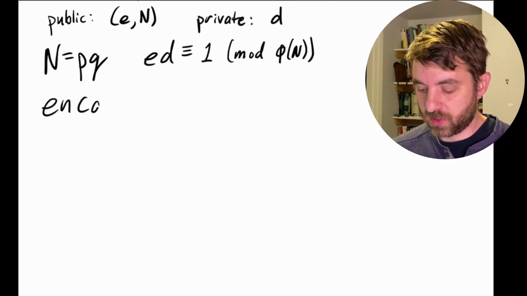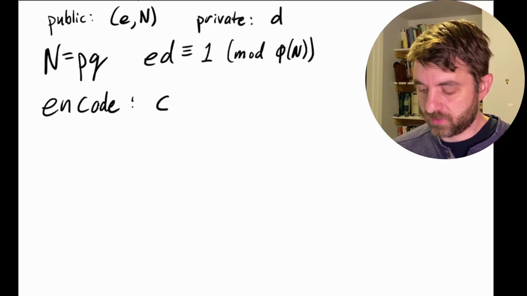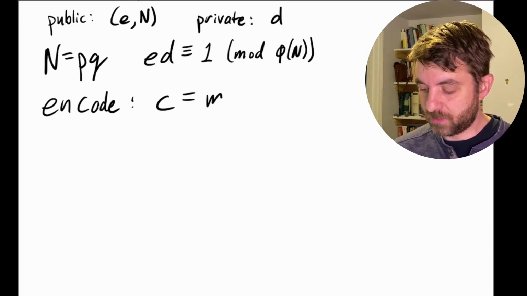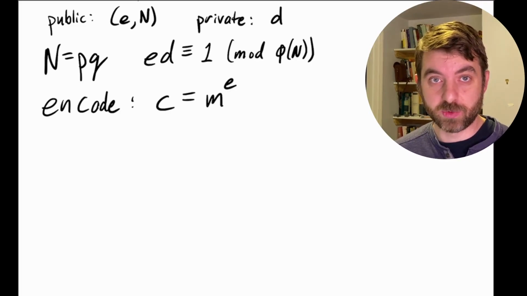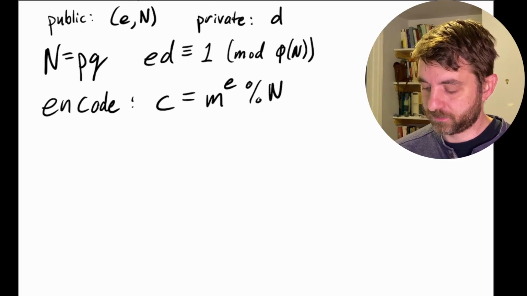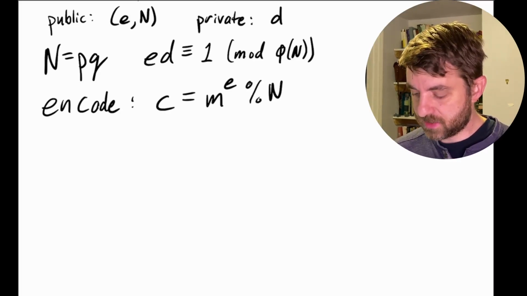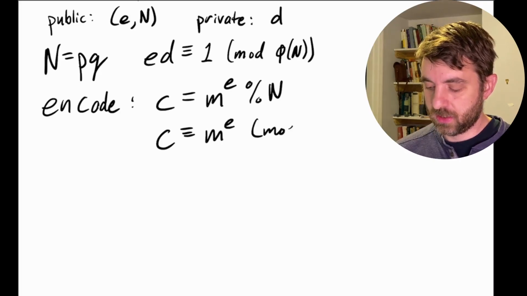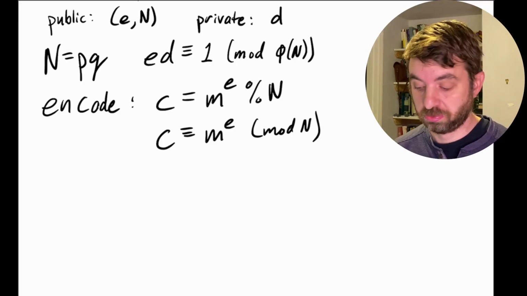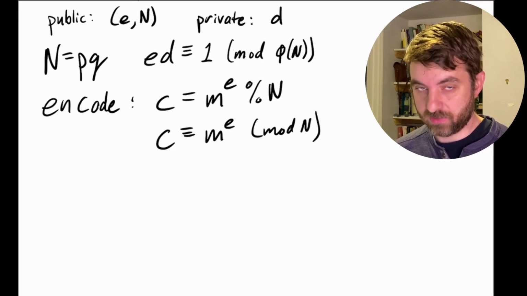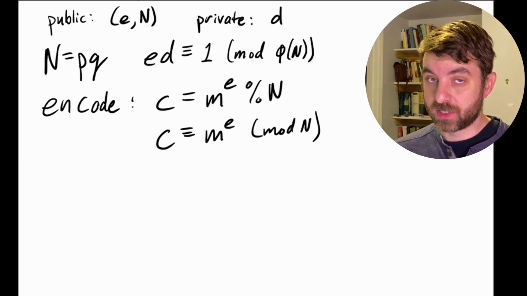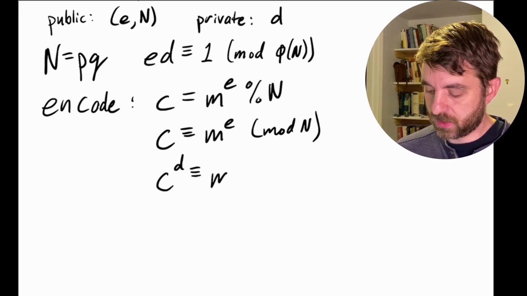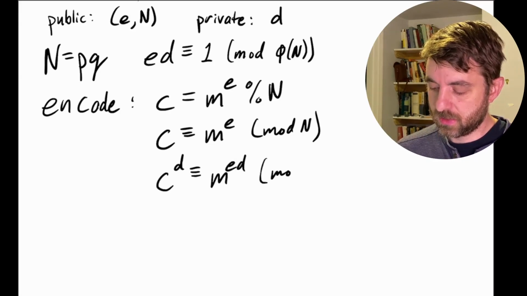So to encode a message, I've got my ciphertext. If you remember the definition, we take the message, we raise it to the eth power, and we reduce it mod n. This is another way of writing that c is congruent to m to the e mod n. Okay, so that's our ciphertext. Now if I decode it, what I do is I take c and I raise it to the dth power. So that will be congruent to m to the ed mod n.